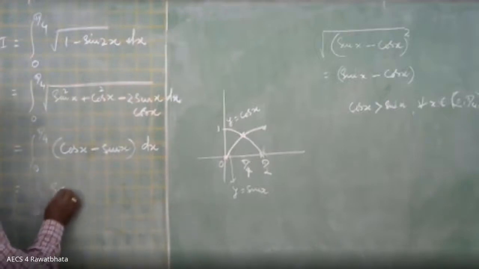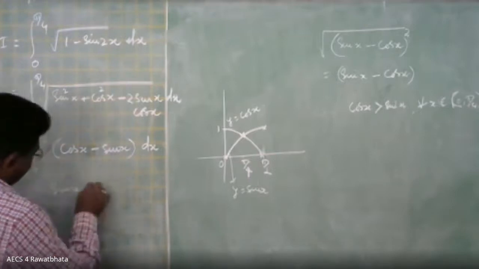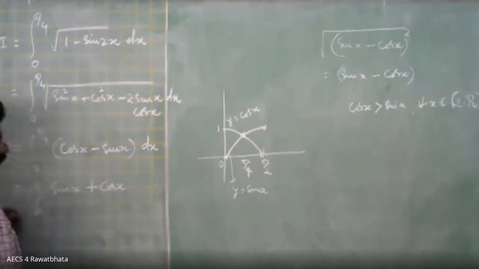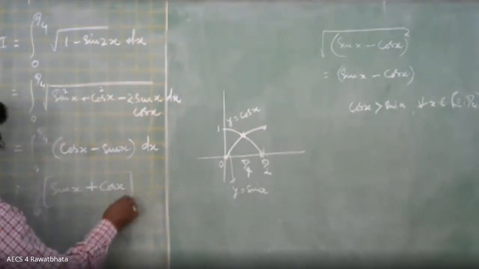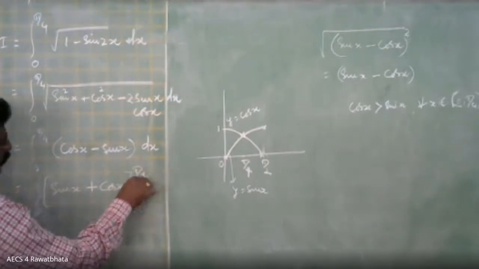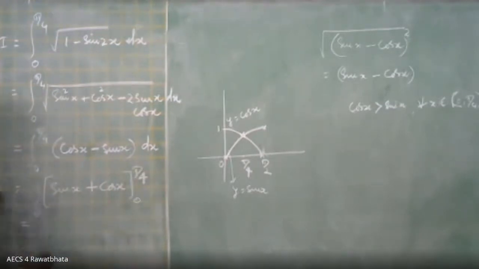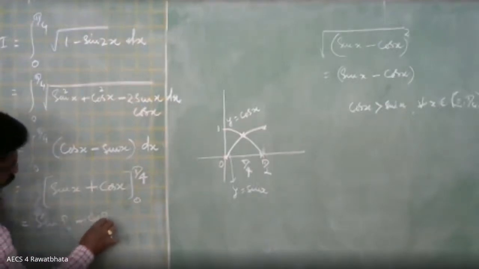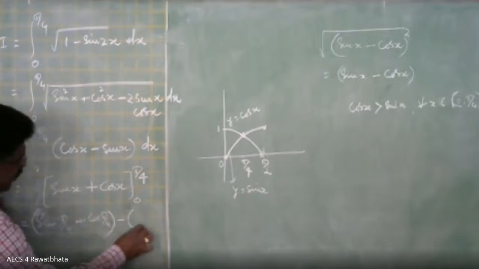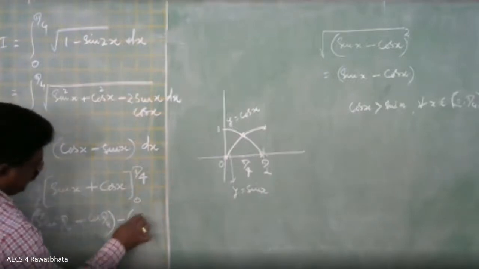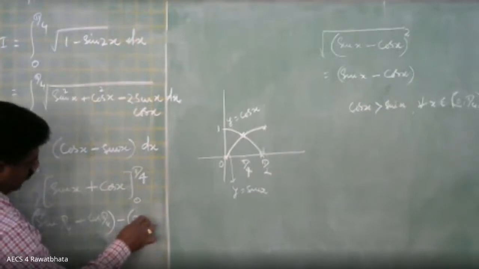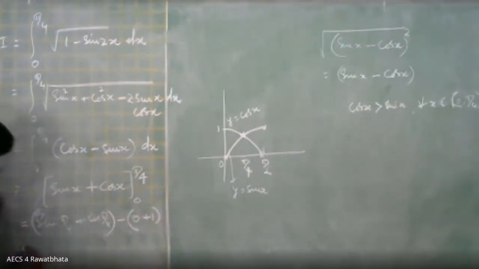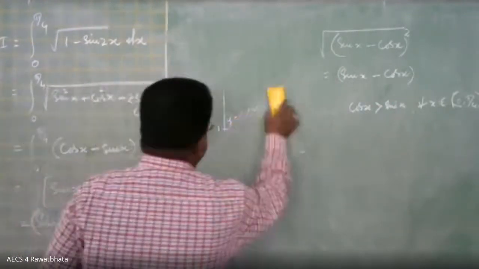So now integrate it. Integral of cos x is sin x, and minus sin x means plus cos x. Correct? So limit 0 to pi by 4. That is equal to sin pi by 4 plus cos pi by 4 minus of sin 0 plus cos 0, that is plus 1.